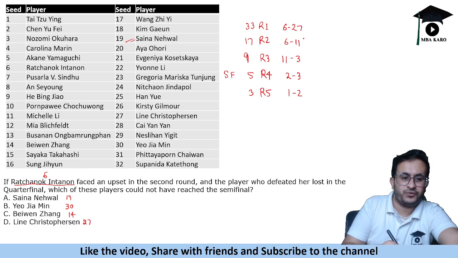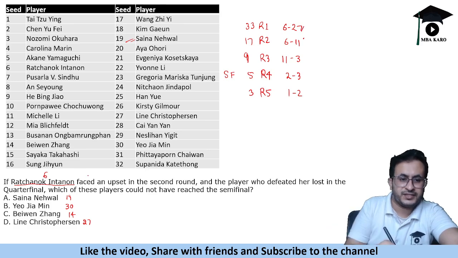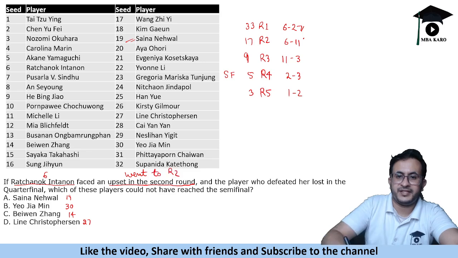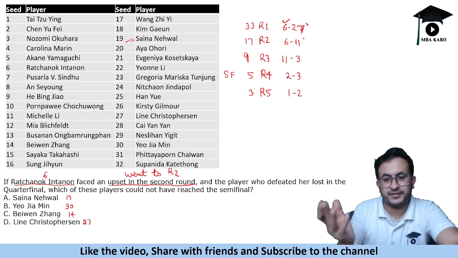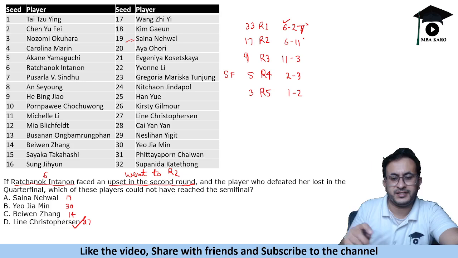In the first round, 6 versus 27, right? Now 6 is facing an upset in the second round. It means that it went to the second round. If it went to the second round, that means it won here. If it won here, that means 27 was eliminated. So 27 could not have reached the semi-final.